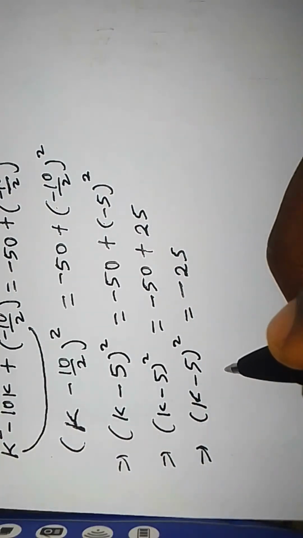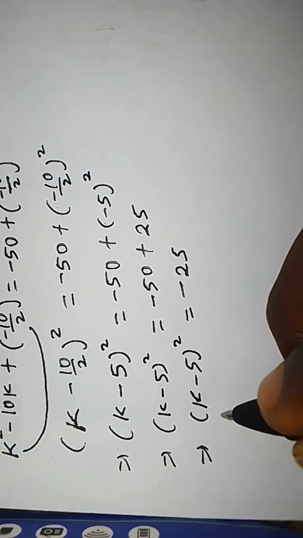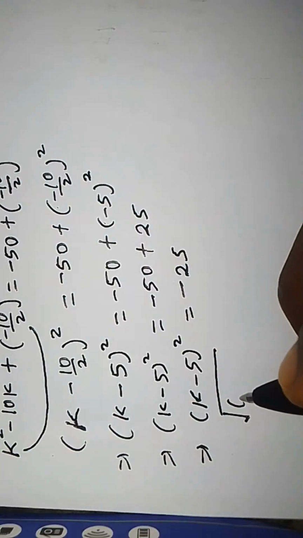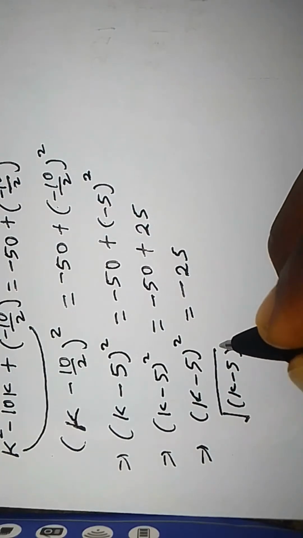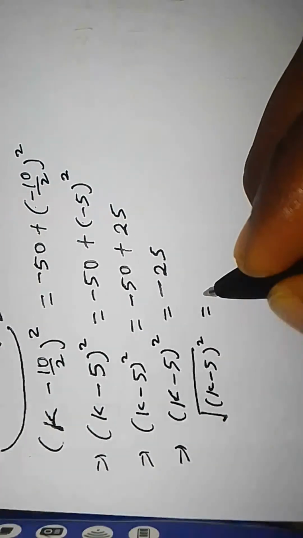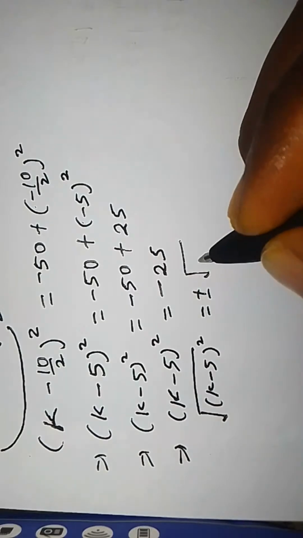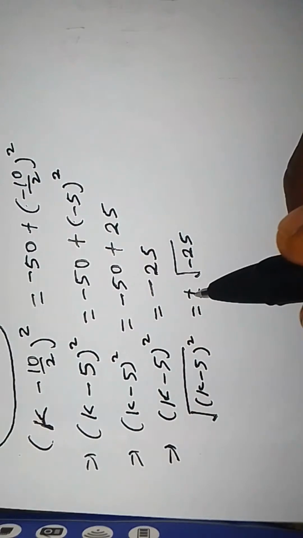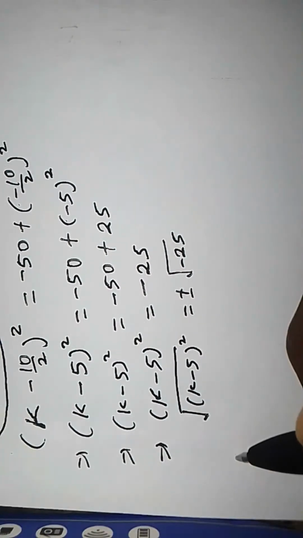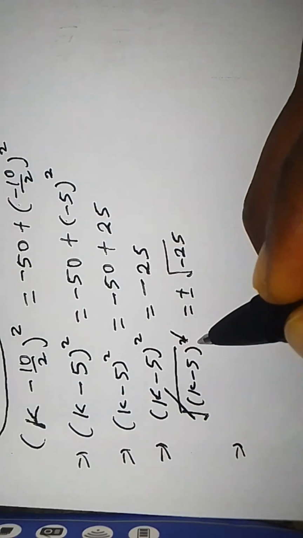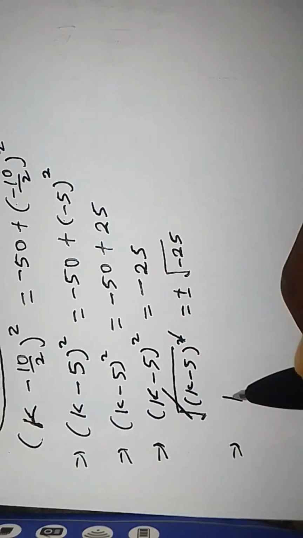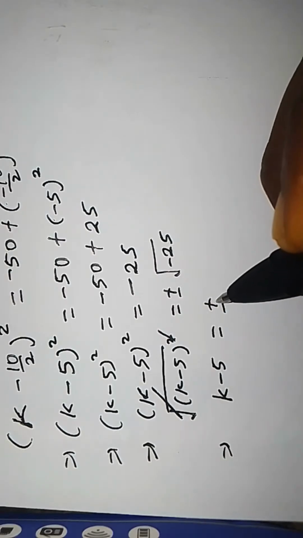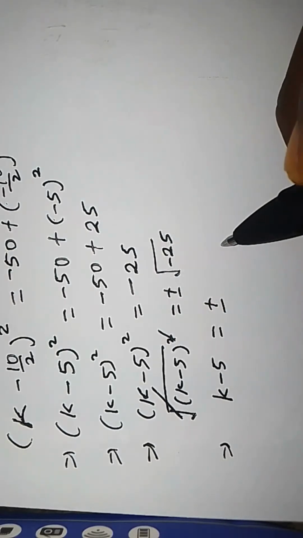Now, let us take the square root of both sides. So that will be the square root of (k minus 5) squared equal to plus or minus the square root of minus 25. Because this is a constant, that is why we are introducing the plus or minus sign. This means that clearly the square root takes care of the square. We are left with k minus 5 equal to plus or minus the square root of minus 25.